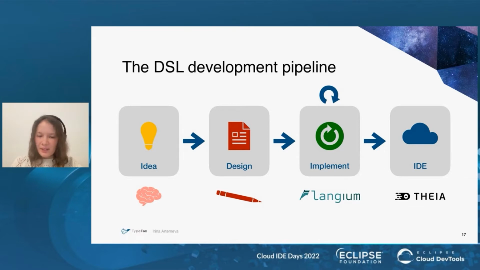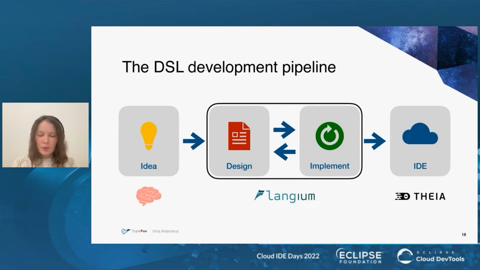However, we can modify this pipeline thanks to one more advantage of Langium. Langium has a grammar-driven approach which enables rapid prototyping. As a result, instead of writing your DSL design informally, you can use Langium for that and write it formally using grammar.